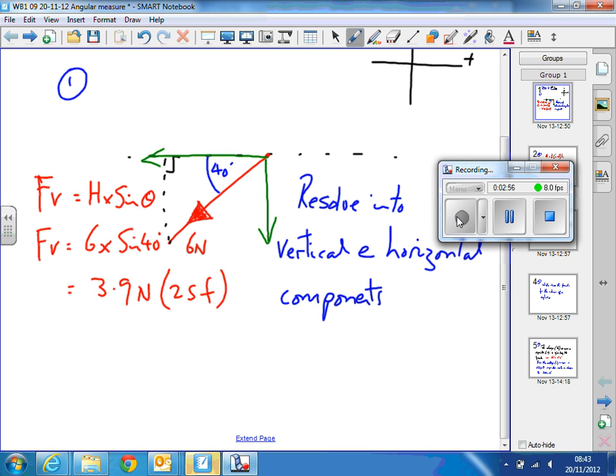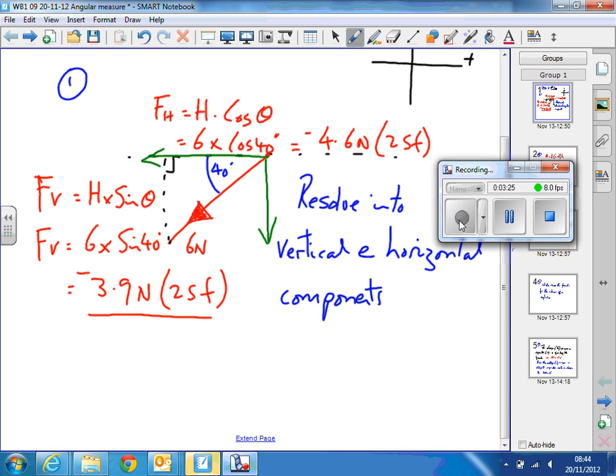One thing missing from that, though, what's that? Minus, right, because it's going to the left, negative. So the first one would be that, okay, negative 3.9 by convention. So similarly, what do we do to find the horizontal component of this force? Right, that would be the cosine, times the cosine of theta, which is 6 times the cosine of 40 degrees.